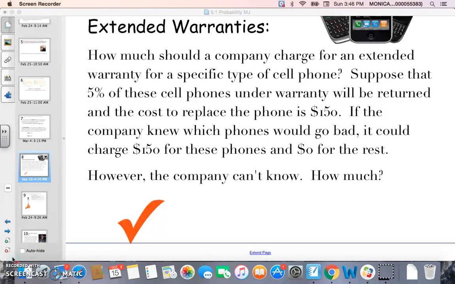For question 2A, it says this outcome is impossible. It can never occur. That's a probability of 0. For B, this outcome is certain. It will occur every trial. That's a probability of 1. For letter C, it says this outcome is very unlikely, but it will occur once in a while in a long sequence of trials.